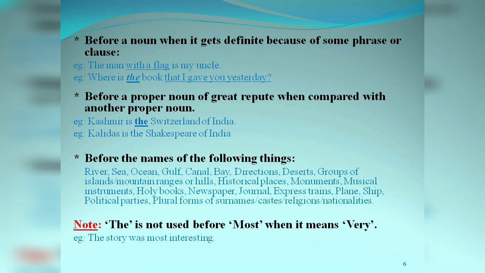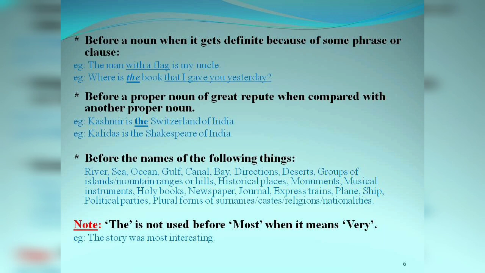Next rule, before a noun when it gets definite because of some phrase or clause. Whenever a group of words comes in a sentence and it makes some subject or noun definite, we must use the before such a noun or subject. Like the man with the flag is my uncle. Here the phrase with the flag has made the noun man definite.